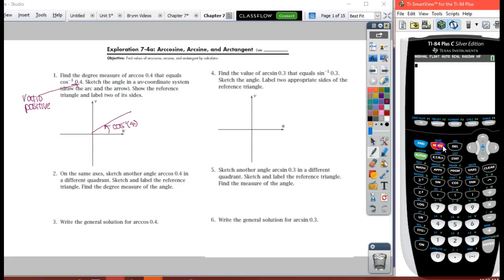So making sure that our calculators are in degree mode, we can find this angle. And so I will type in the cosine inverse of 0.4. And I end up getting about 66.422 degrees.